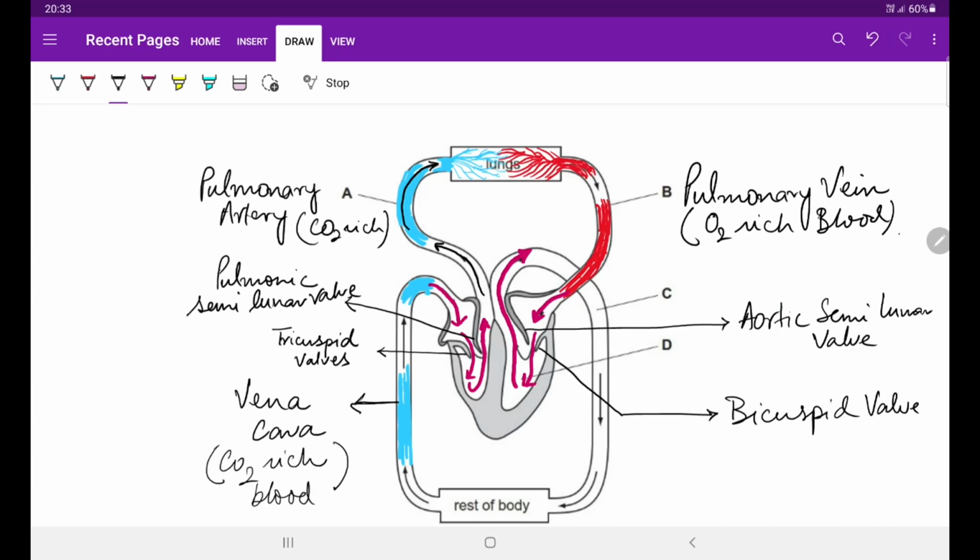Both these valves, or rather all the valves present in the heart, prevent the backflow of the blood to the previous chambers. Thus, the blood which leaves the left ventricle goes out to different body parts through an important artery, the thickest of the arteries present in our body, called the aorta.